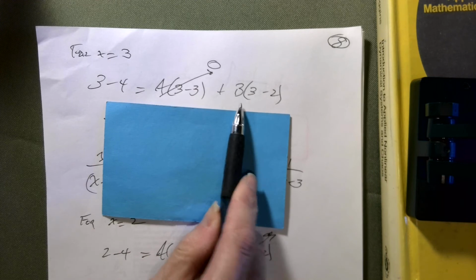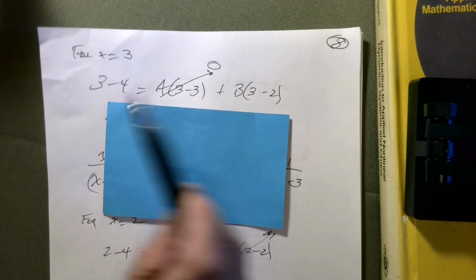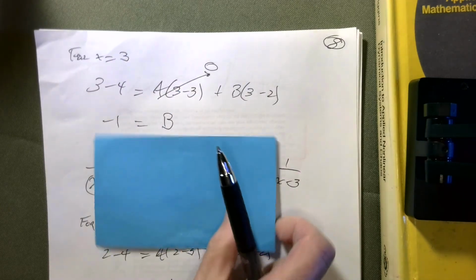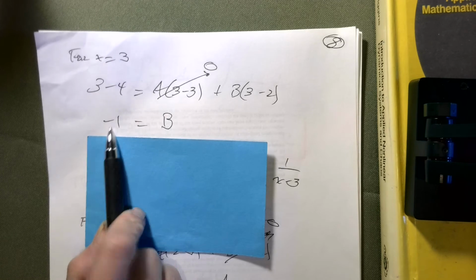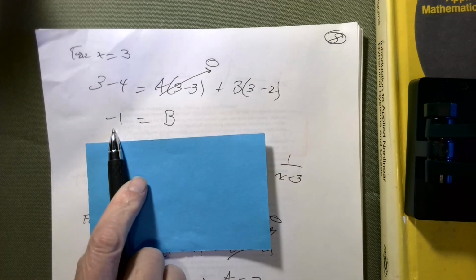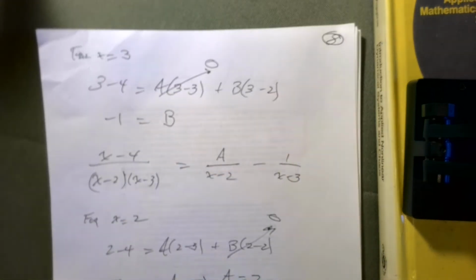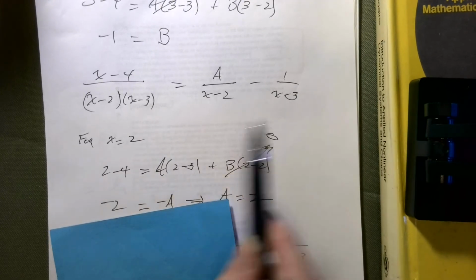I put a 3 here and a 3 here. So we get 3 minus 4 is a negative 1, and 3 minus 2 is 1. So we now know that b is equal to a negative 1. So that gets us to negative 1.